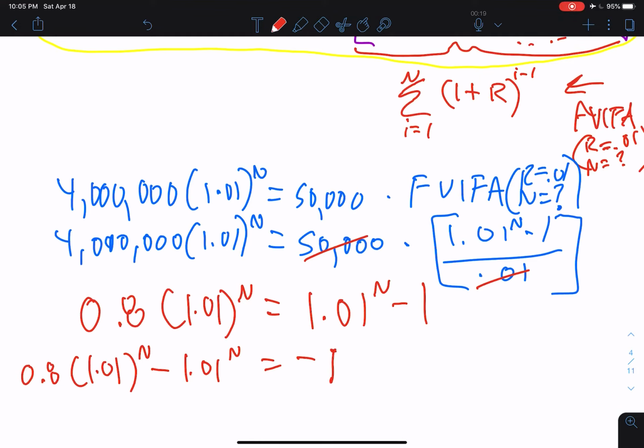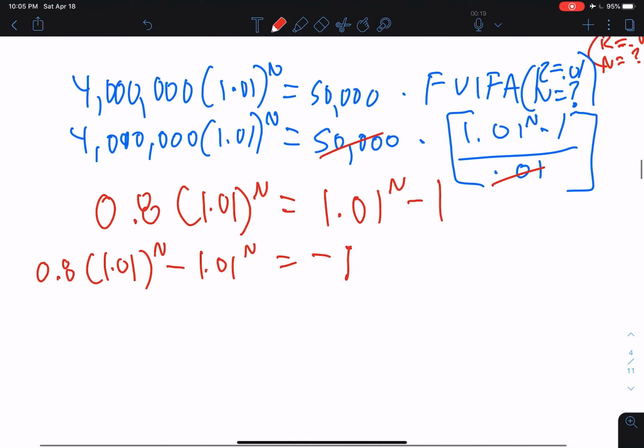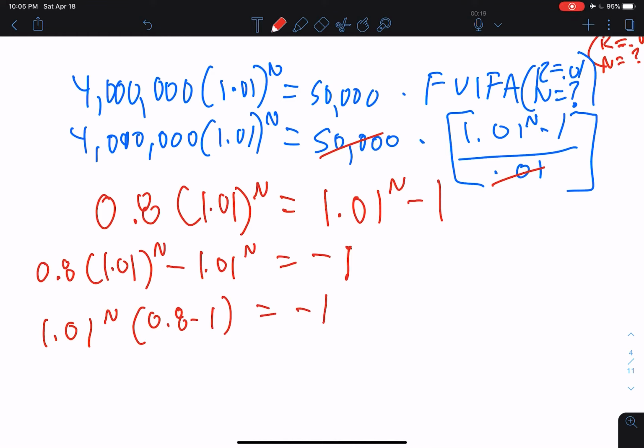Okay? And I'll factor out the 1.01 to the nth power. And then I've got 0.8 minus 1, multiplied by 1.01 to the nth, equals minus 1. Okay? That leaves me with minus 0.2 times 1.01 to the nth equaling minus 1.